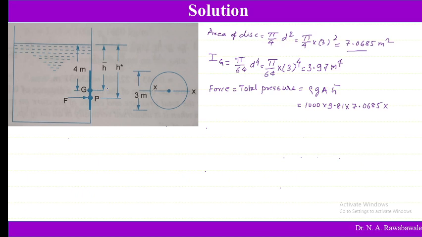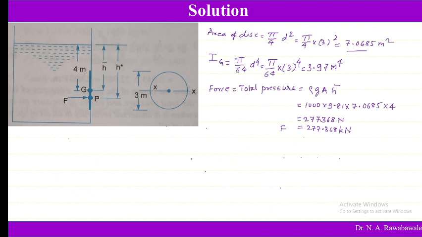H bar is 4 meter. Therefore, force we get as 277,368 Newton, or this can be taken as 277.368 kilonewton, which is the total pressure or force F.